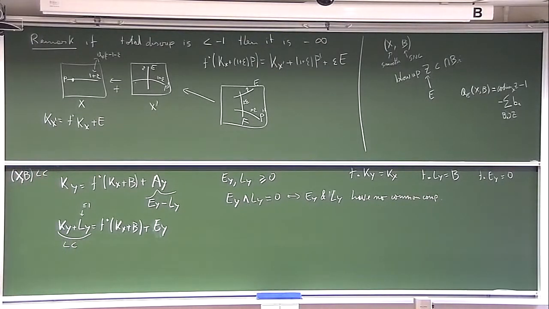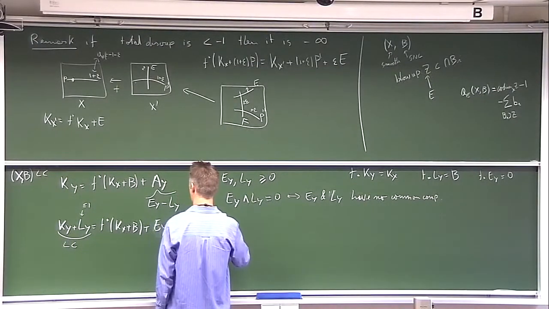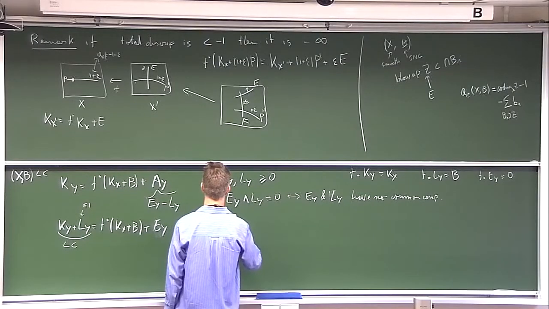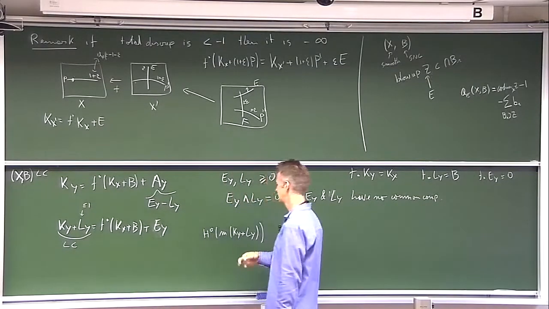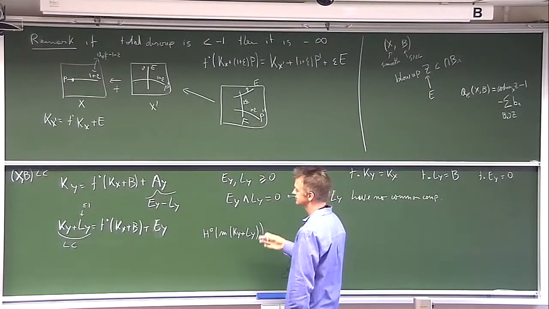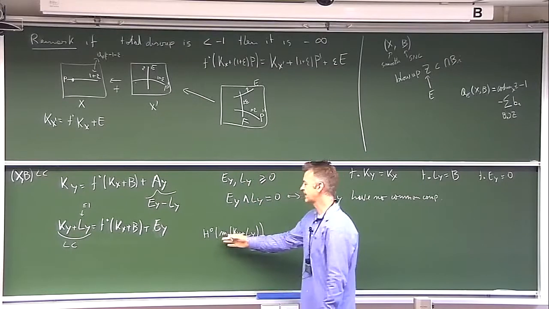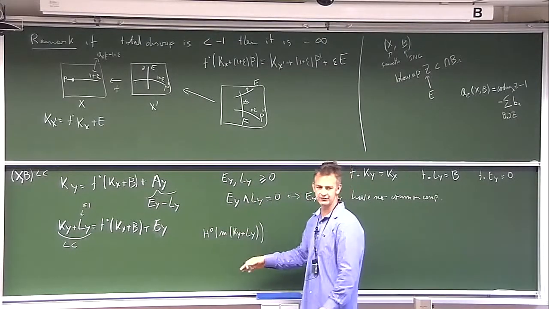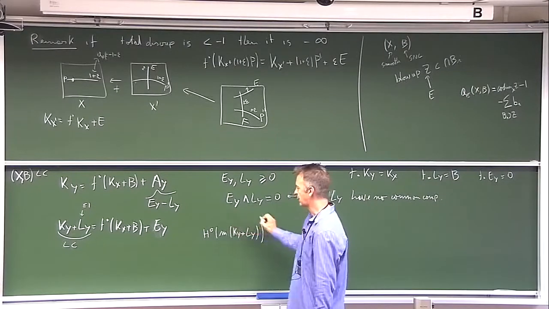And moreover, when I look at sections of any multiple of Ky plus Ly, maybe for simplicity, let's assume that you have rational coefficients and that this m clears the denominator, so we don't have to think too hard about what the symbol means otherwise. It would just mean the round down.